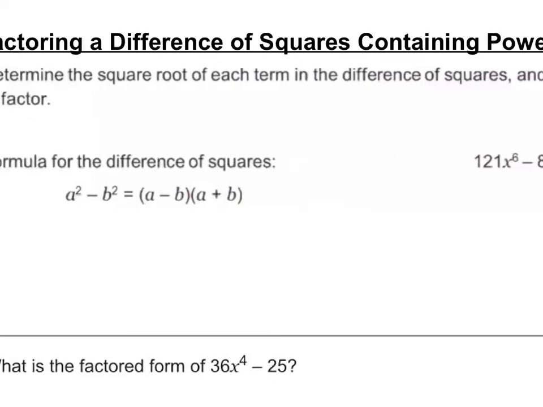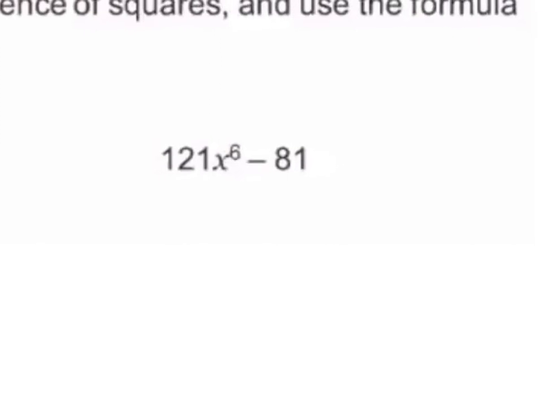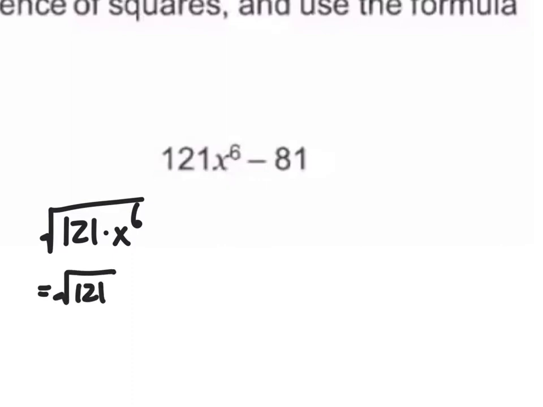So what I want to do is figure out, well, what can I do here? I want to take 121 times x to the 6 and take the square root of that. The square root of 121 is just going to give me 11, and I multiply this by the square root of x to the 6th.